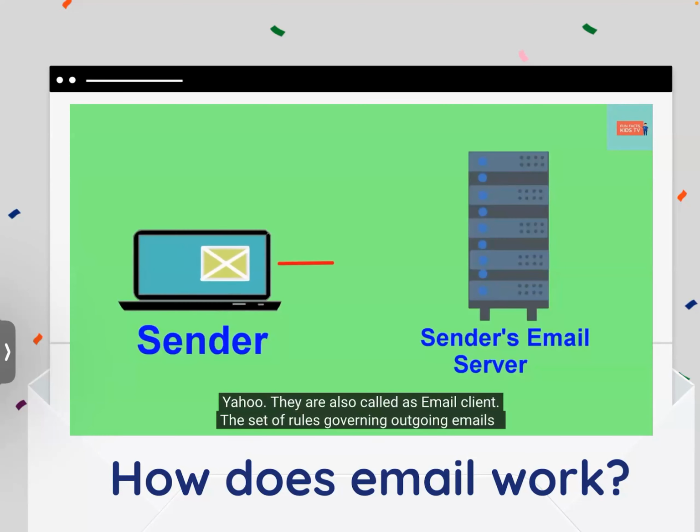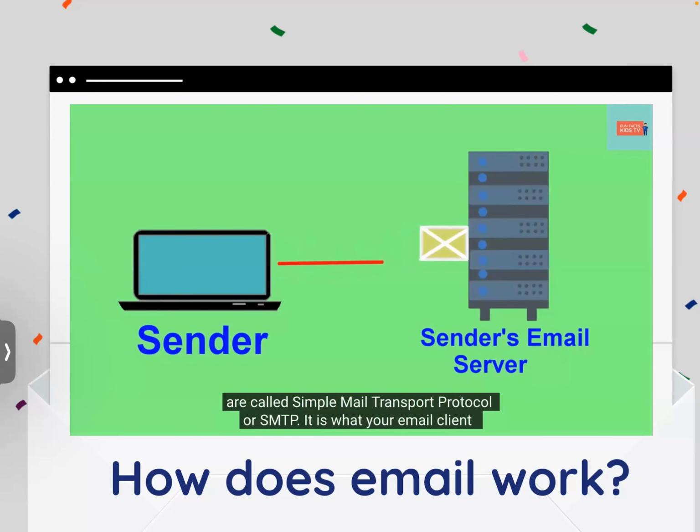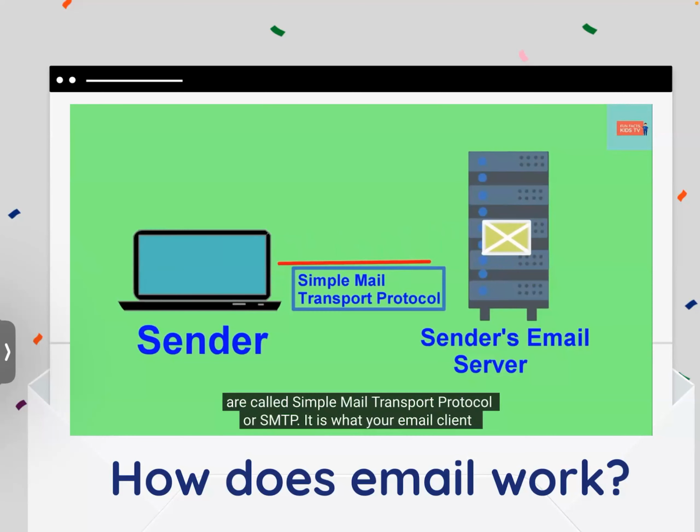The set of rules governing outgoing emails is called Simple Mail Transfer Protocol, or SMTP. It is what your email client uses to send your message to your email server.